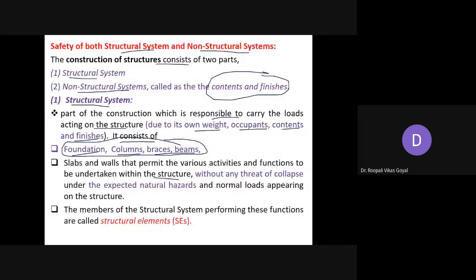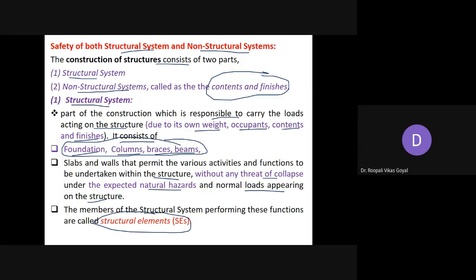Okay, so whatever structural system we have designed, it should be effective in taking the loads without any threat of collapse under unexpected natural hazard and normal loads appearing on the structure. So it should be capable of taking whatever loads they are having. So all these members of the structural system performing this function are called structural elements.